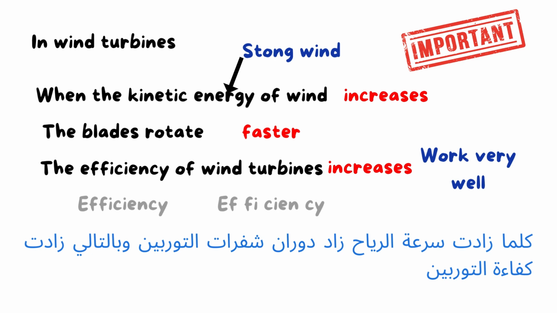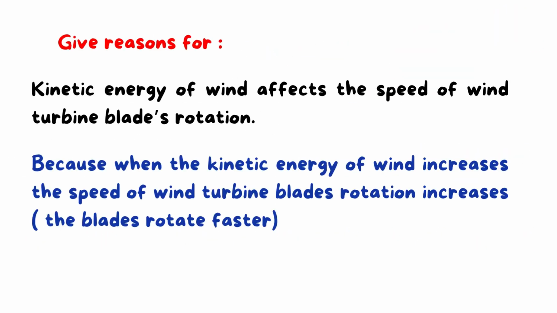So we can write in the answer: because when the kinetic energy of wind increases, the blades of the turbine rotate faster, or you can write the speed of wind turbine blades rotation increases.